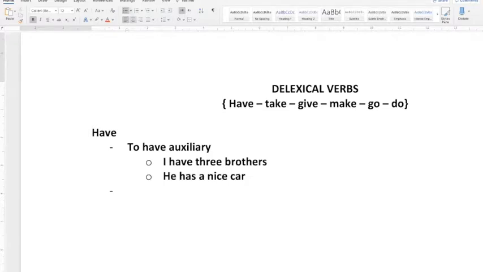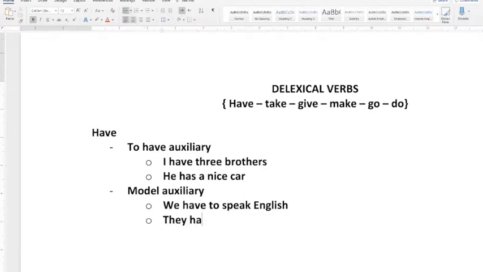And then you also learned it as a modal auxiliary, saying that we have to speak English, or they had to bring their passport.